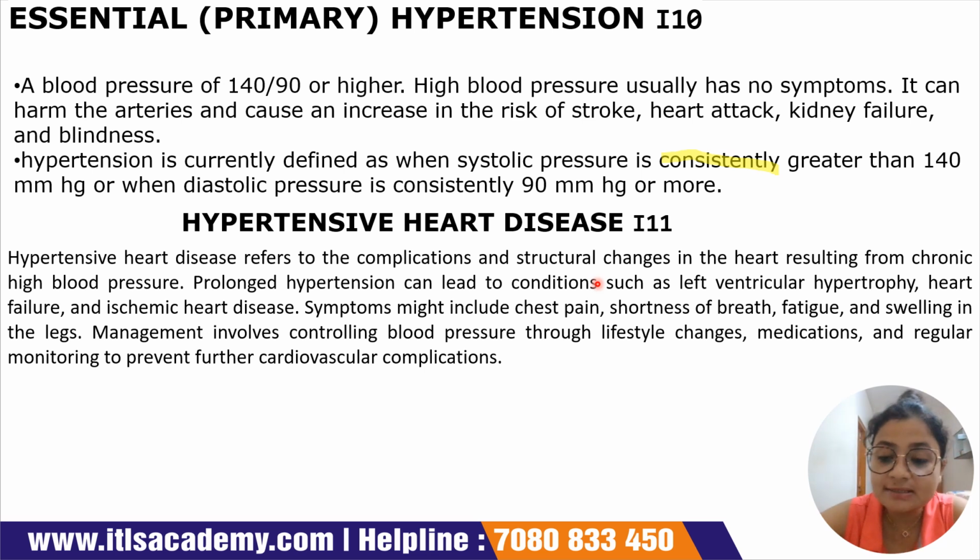Okay, so moving on to the next important code that we have over here, I11, which stands for hypertensive heart disease. So it refers to the complications and structural changes in the heart resulting from chronic high blood pressure. So chronic hypertension जिसको होगा, that person will be at more risk of developing hypertensive heart disease.